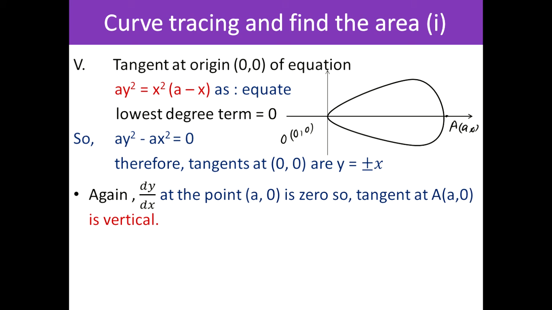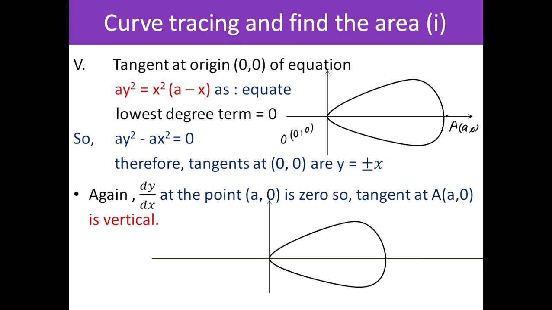Similarly, to find the tangent at point A, we differentiate the curve and find the first derivative at (a, 0), which is infinite, so the tangent is vertical at the point A. Then this is the tangent at A as well as at the origin.